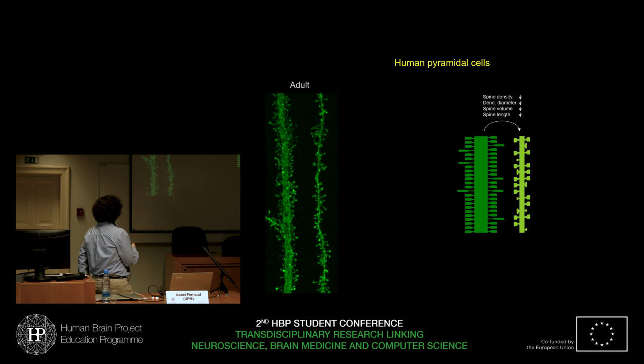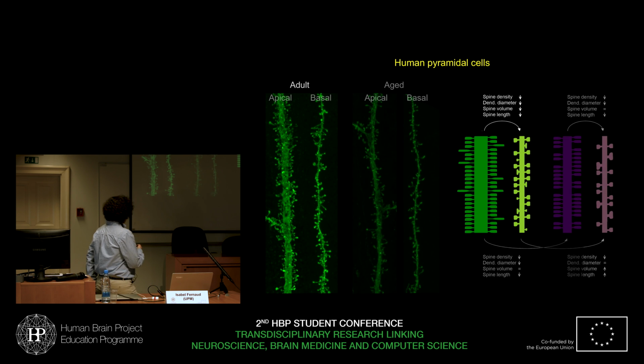The results were that apical and basal dendrites are very different, both in spine density, dendritic diameter, spine volume, and spine length. But what does this mean? This means that you cannot place the same number of spines in an apical dendrite or in a basal dendrite. So it's important to know what you are putting in your model so that the neuron functions.